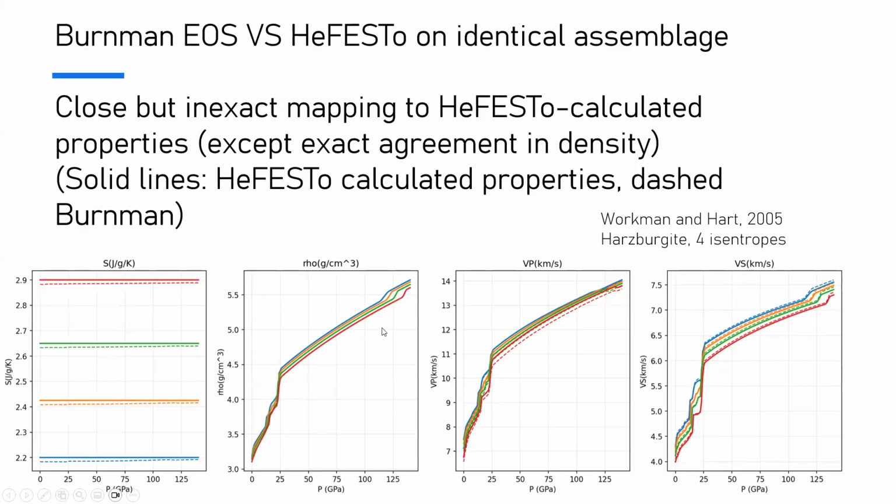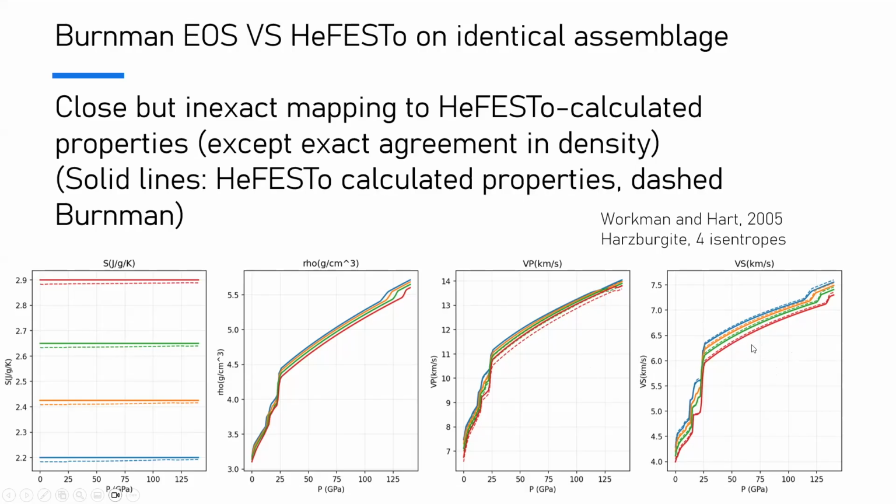So there is perfect parity with the densities, which is nice, but I couldn't get perfect parity with anything else because the formulations are both complex and different. To what extent this is a problem is probably a matter of taste and something that I would welcome discussion on. But in any case, I think we're seeing qualitatively that they're pretty good.